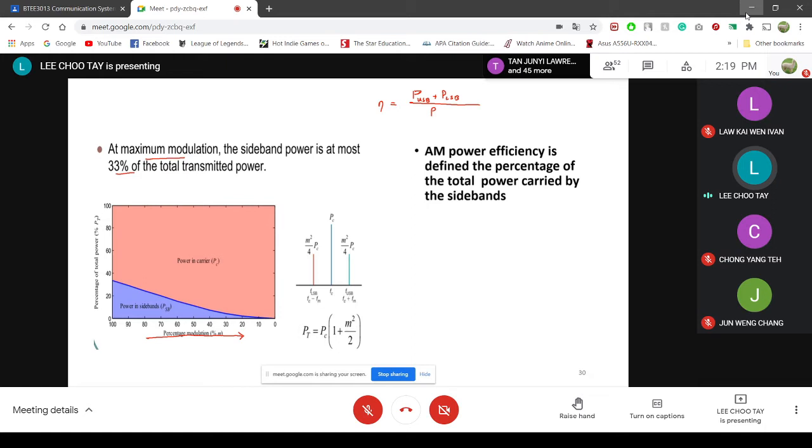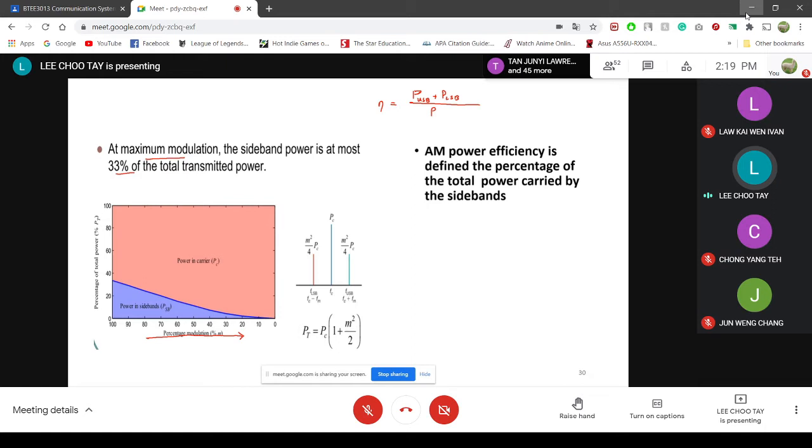With the maximum value of M equal to 1, you get a best efficiency of only 33%, which is what we derived from putting M into this equation. Never use M more than 1, because that will result in your AM signal being distorted, and your original message can never be recovered at the receiver.